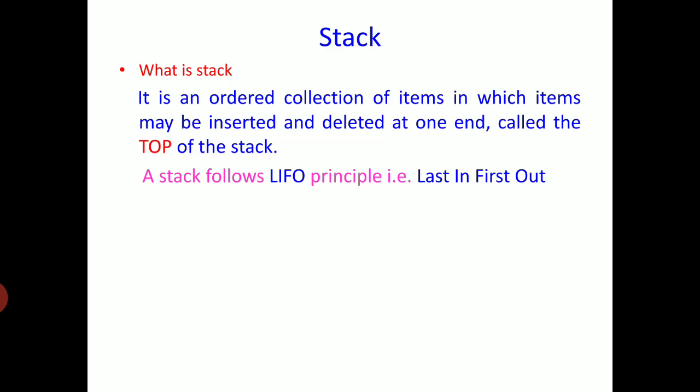But in a stack, we are going to return or delete the elements from the last value we have inserted. So what principle does it follow? It follows last in, first out, LIFO. That means the value you have inserted at the end is the one you take first.